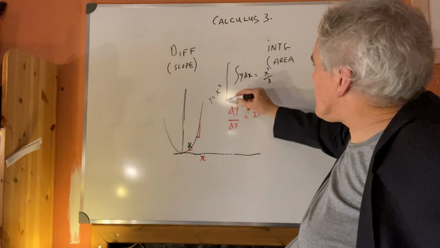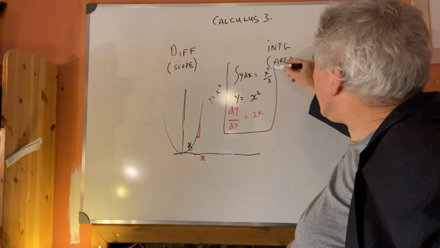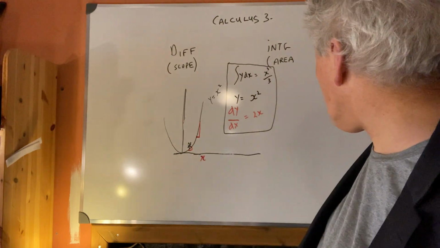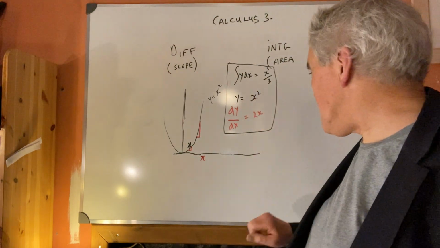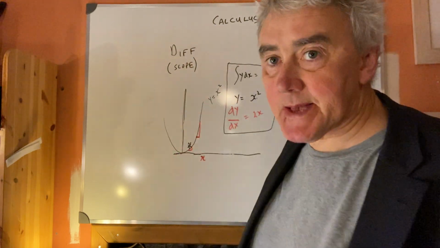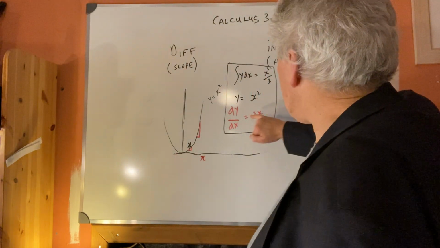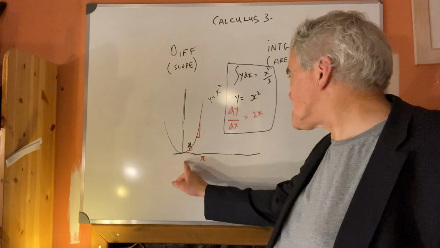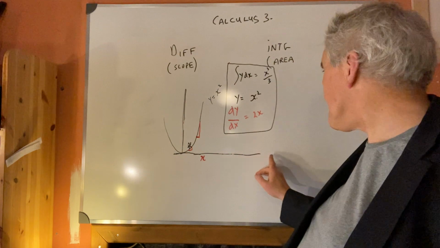Okay, and those are the three functions that pertain to this particular curve. The central one here relates progress along this line to progress along this line. The red one here relates the change in slope to progress along this line here.